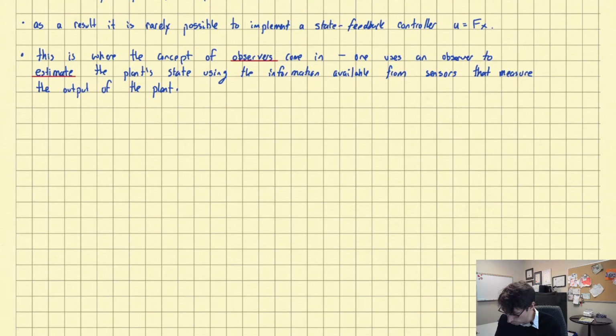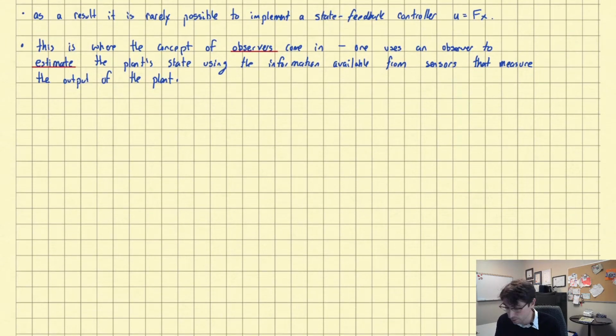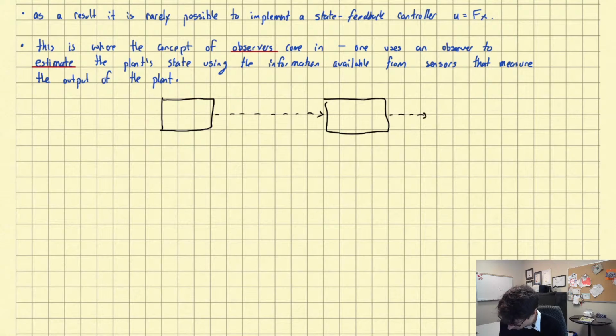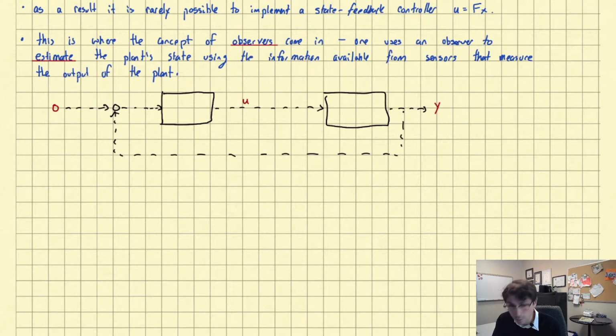Okay? And so the picture in the output stabilization problem is the following. I'm probably going to run out of time, but I'll draw it again next time. So instead of having x available to us, we're going to have y. Or in our negative feedback, it would be negative y.